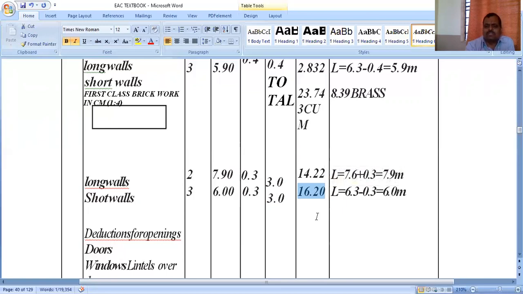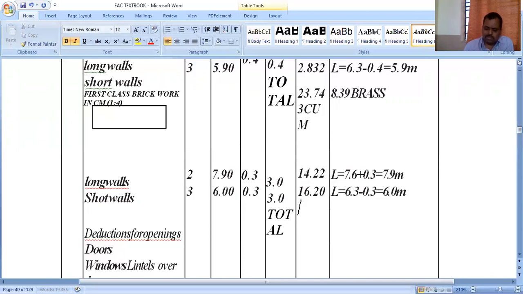After this, what we have to do is find the total brickwork again. Total brickwork. Okay, how much will be the total? Just add 14.22 plus 16.2.